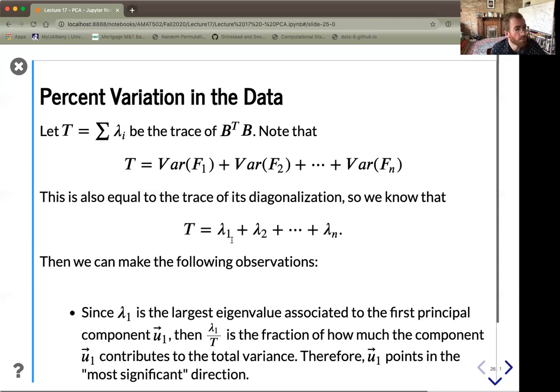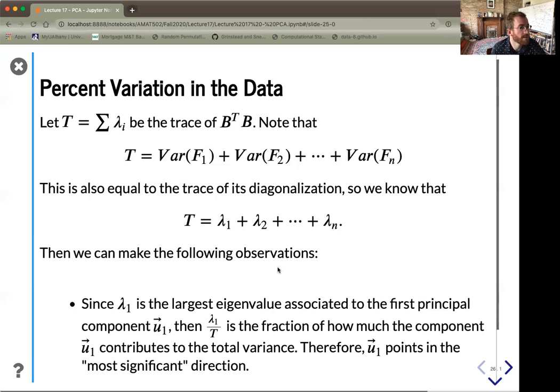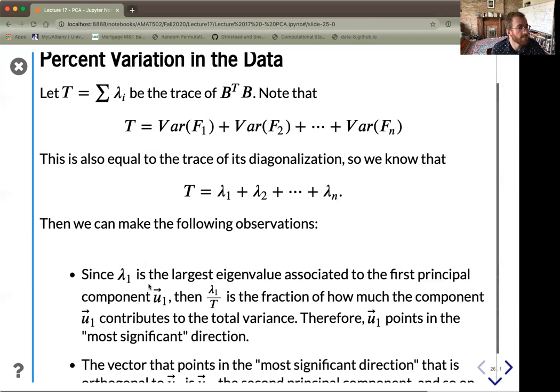Since I order my eigenvalues from greatest to least, I can think of lambda 1 as the eigenvalue that corresponds to the largest amount of variation. That's expressed as a percent by lambda 1 divided by T, the trace, and we use that as a proxy for noticing in what direction our data varies the most.